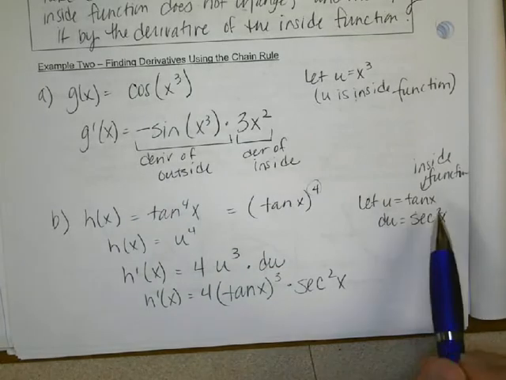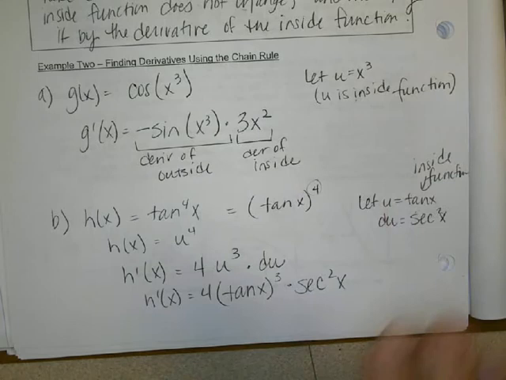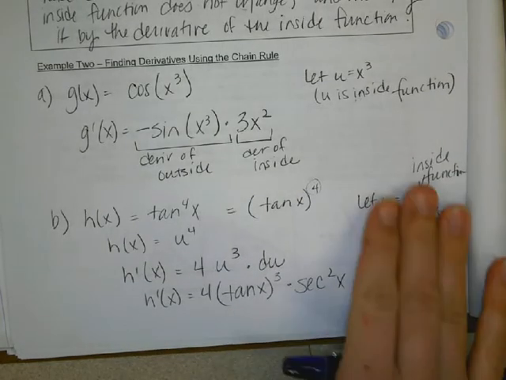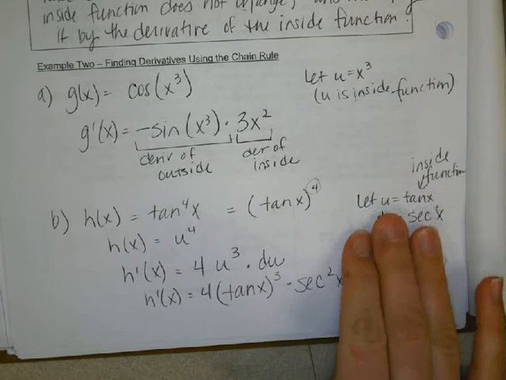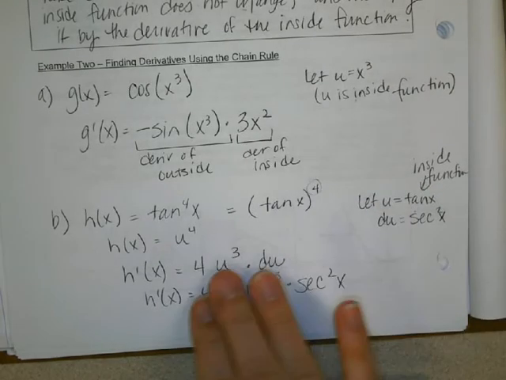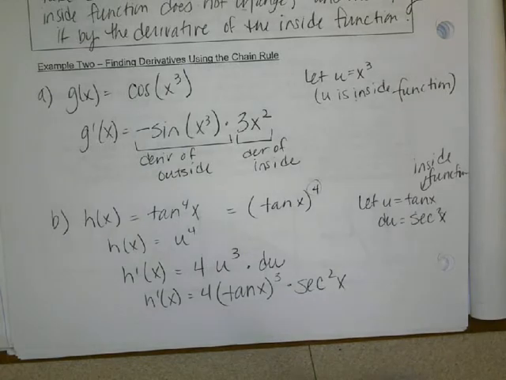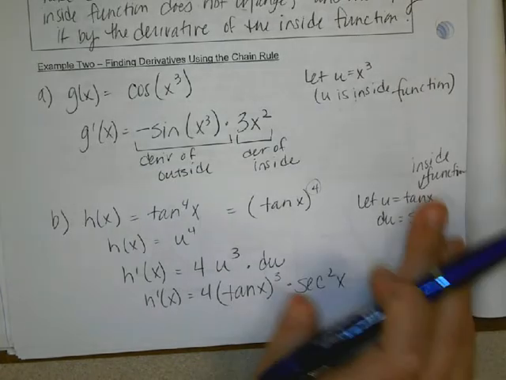You don't have to necessarily use the u substitution. The only reason I'm introducing it here in this section is because the more comfortable we can get with this and using it to substitute in and then rewrite at the final step, the smoother integration is going to go later. So this is just warming you up to it a little bit.